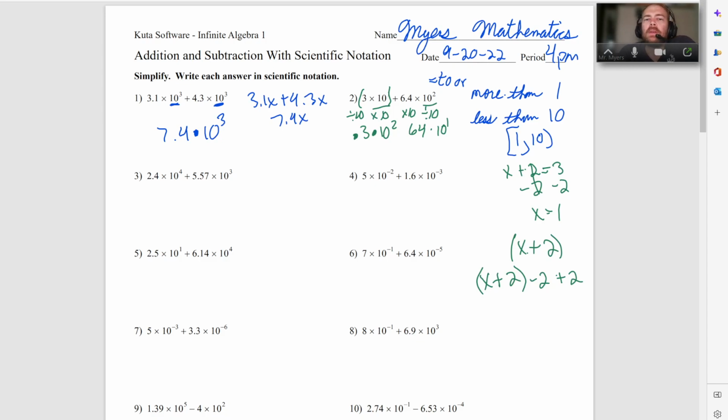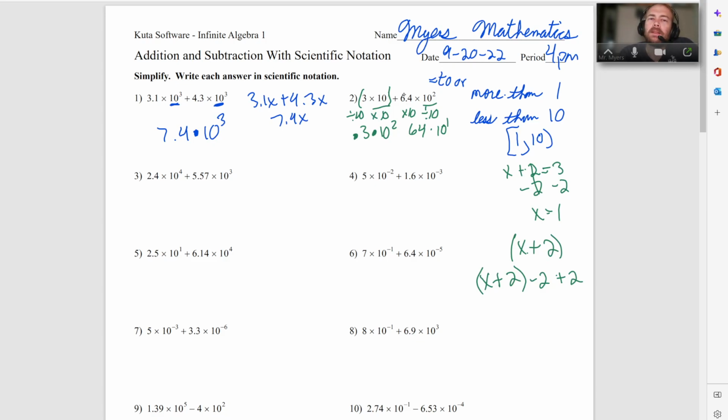Now, you can do either one, but let's think about it. The better one, if I combine 3 and 64, since they are both 10 to the first power, I can combine the 3 and the 64. But then I get 67, and then that's not in scientific notation, is it?